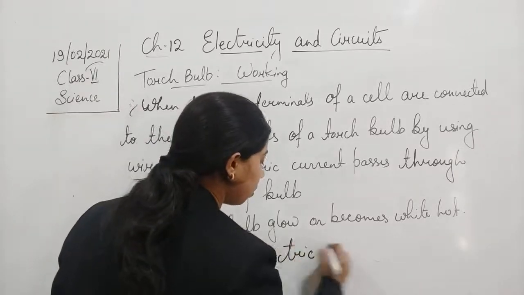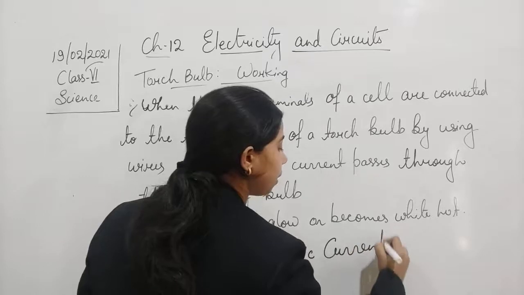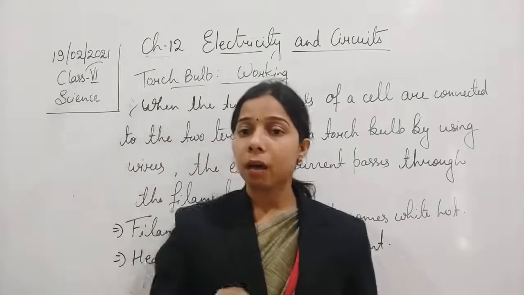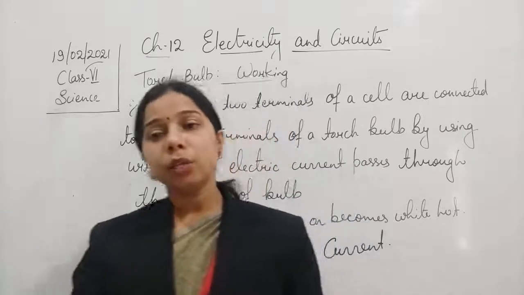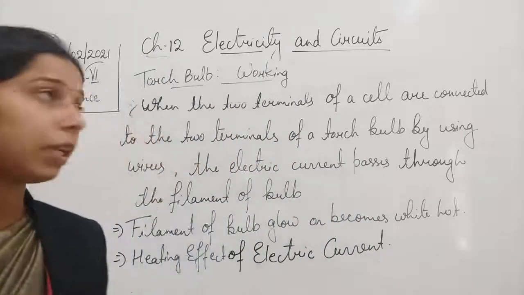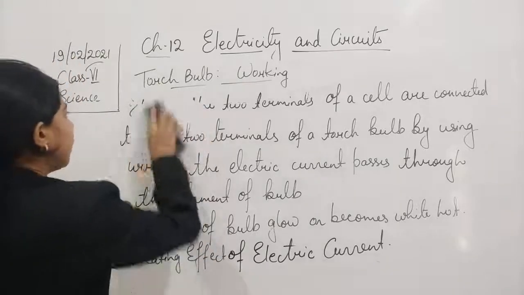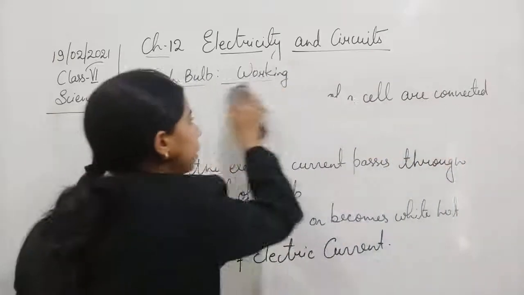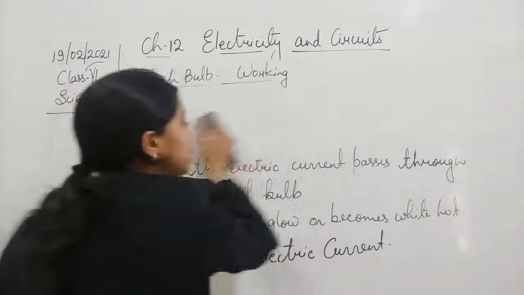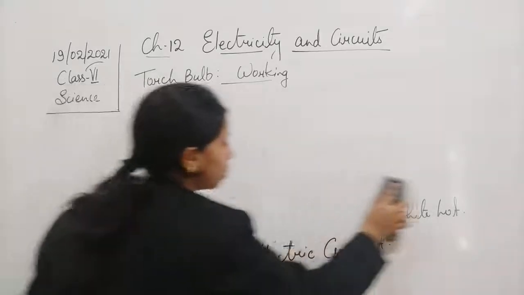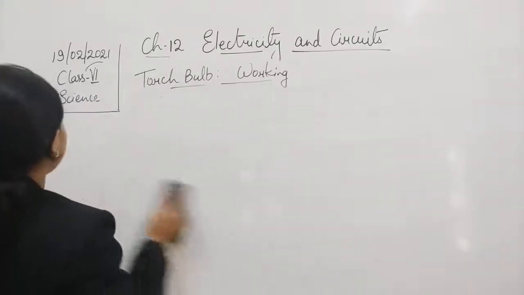So we have seen how the torch bulb works. I hope you have understood that it has two terminals, and these are connected to the two terminals of the electric cell.